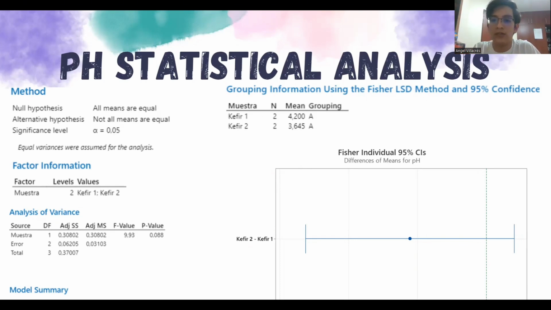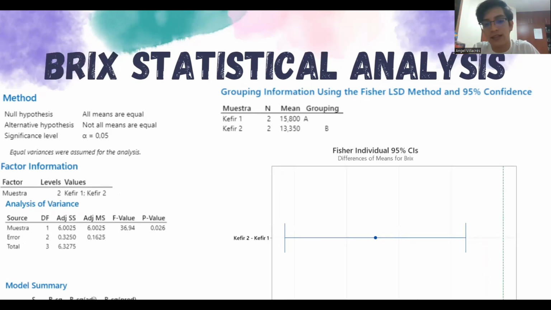Brix statistical analysis. The analysis of variance yielded a p-value of 0.026 using a significance level of 0.05. It is observed that the p-value is below this level. This means that if the null hypothesis were true, the probability of obtaining results as extreme as those observed would be only 2.6%.